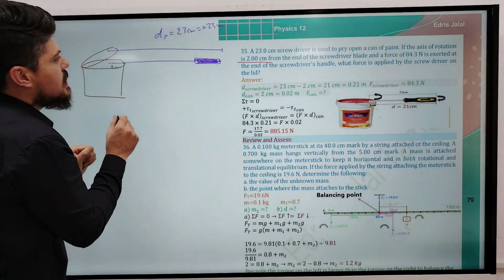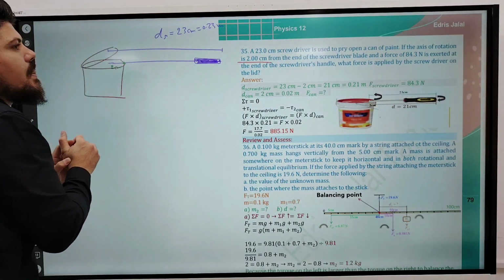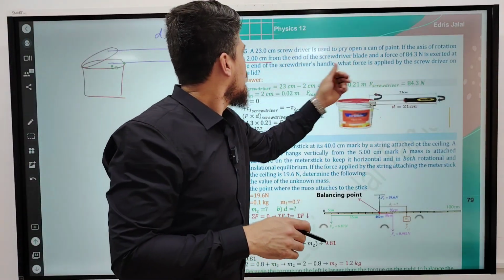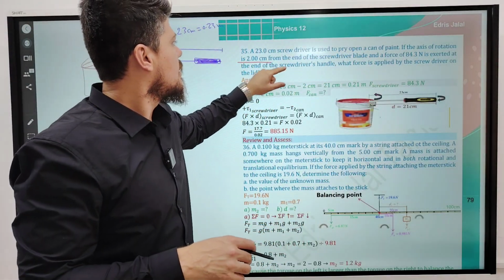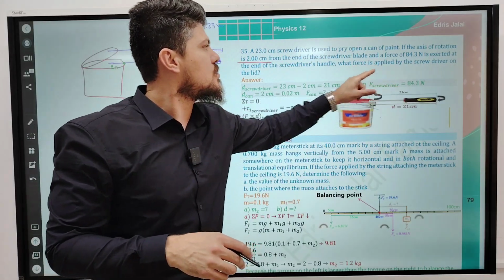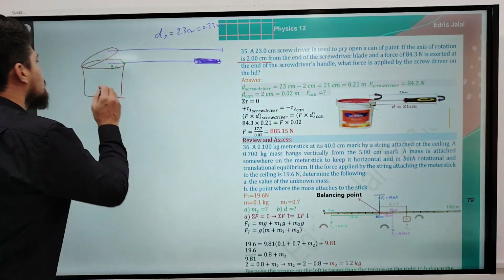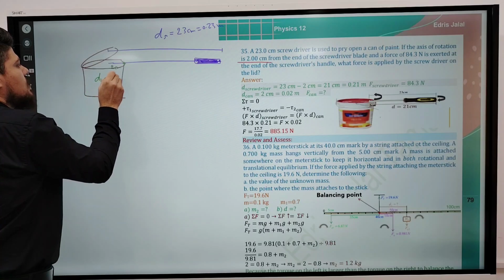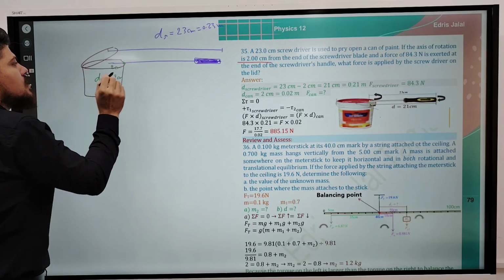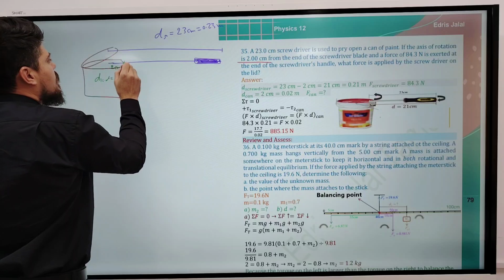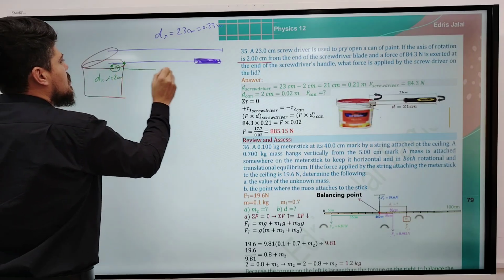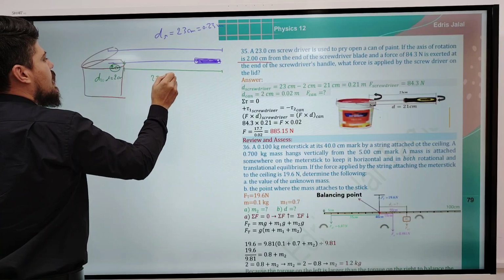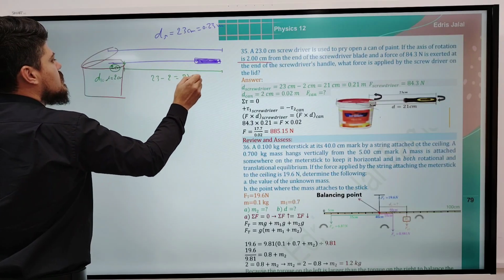So we can say this is the distance of the lid. What is unknown in the question? What force is applied by the screwdriver on the lid? The distance of the lid is equal to 2 centimeters. So what remains here? If this is 2 centimeters, what remains? 23 minus 2, 21 centimeters.